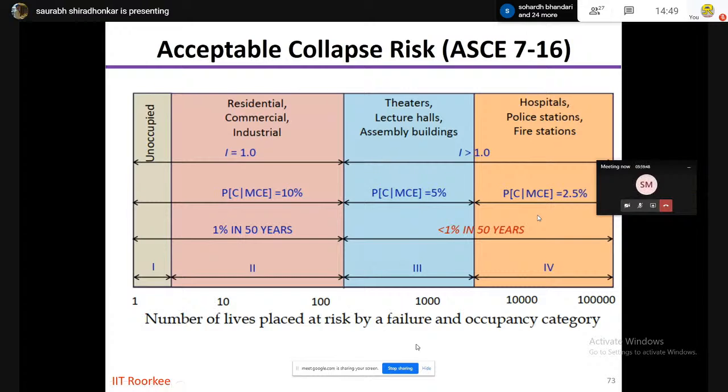Now, is it acceptable or not? Our code doesn't talk about the collapse probability. So we refer to ASCE 7, which gives the expected collapse risk of a building for various occupancy classes. As per this code, when your importance factor is 1, which is for most residential and commercial buildings, the probability of collapse at MCE hazard level should be 10%.